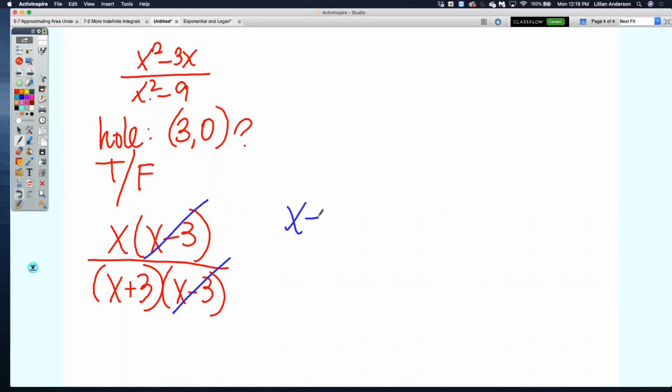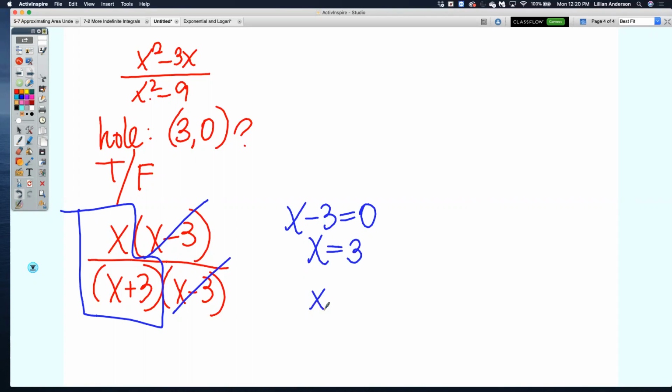So if the x minus 3s cancel out, that means we do have a hole. We take the canceled out factor, set it equal to 0, and we see that x is equal to 3. But remember, to find the y coordinate, we have to plug that number into the simplified fraction, which is x over x plus 3. So when I plug it in, I get 3 over 3 plus 3, which is 1/2.